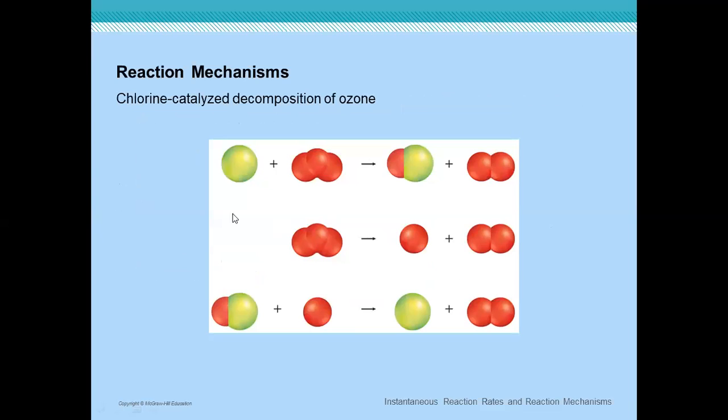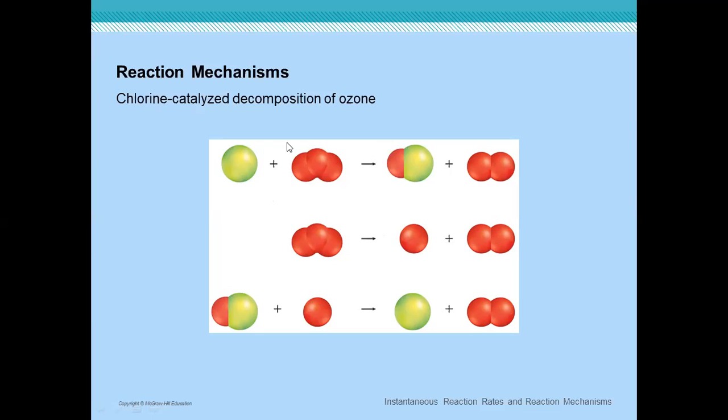This is a reaction mechanism: chlorine catalyzed decomposition of ozone. This is a chlorine atom plus ozone gas. We know that ozone gas consists of three oxygen atoms combined to each other.